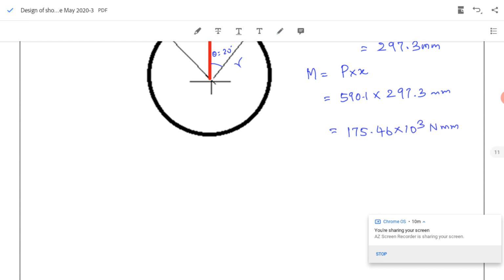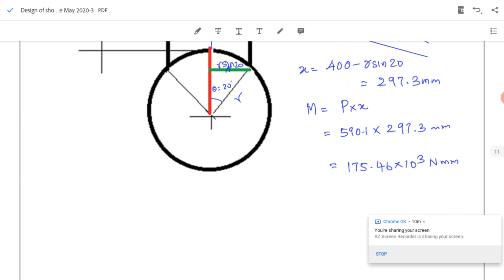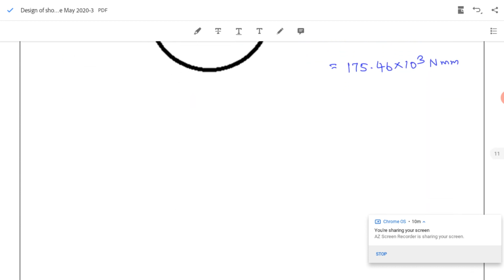So the aim is to find the cross-sectional dimensions of the lever. Usually the lever will be made of steel and having a rectangular cross section. So our basic moment equation is sigma equal to M by Z. This is our moment M. If the material is not given, assume C40 as the material.